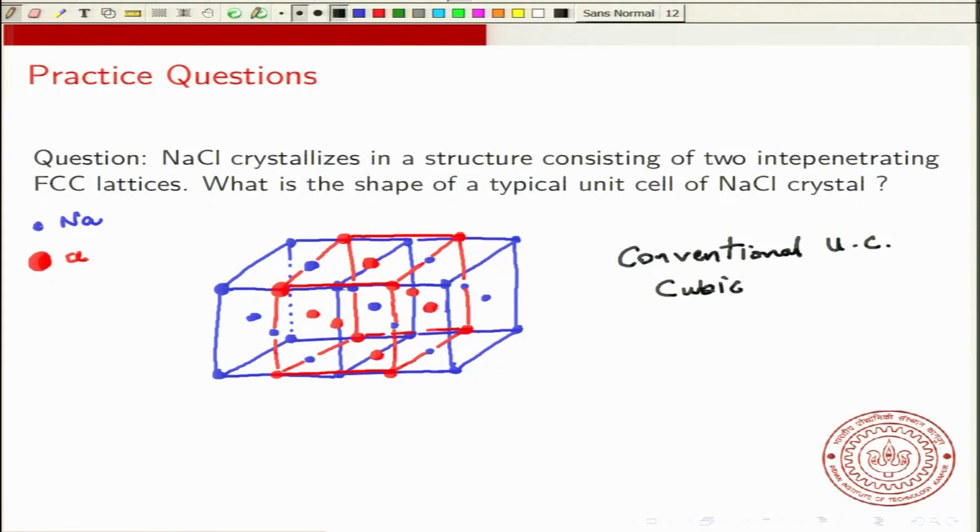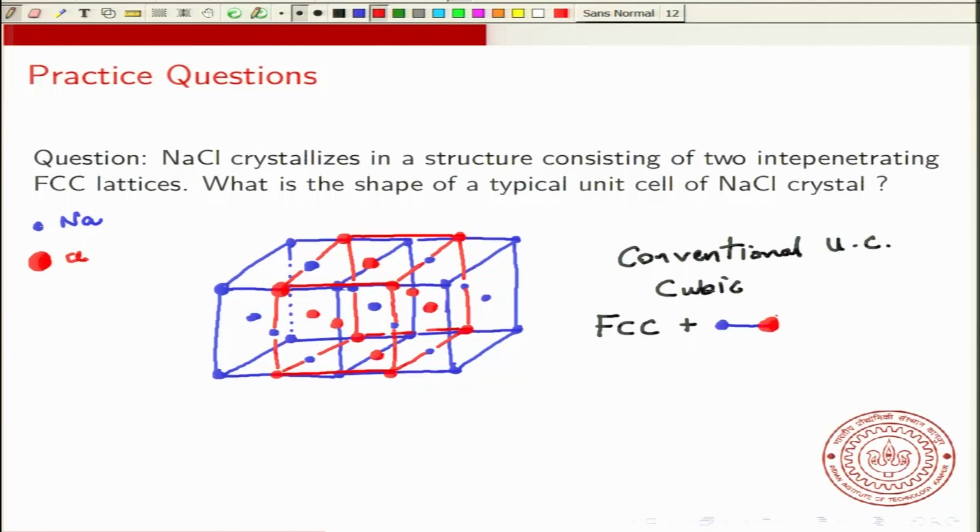You could take this cube, thinking of this as FCC plus a basis consisting of one sodium and one chloride. The chloride is halfway along the lattice edge. And you can see that this will generate the entire sodium chloride crystal.